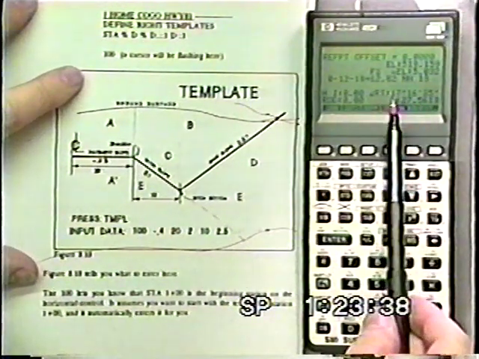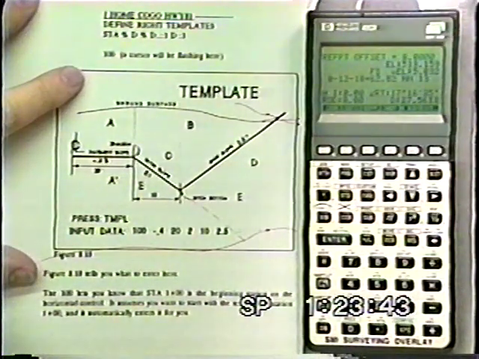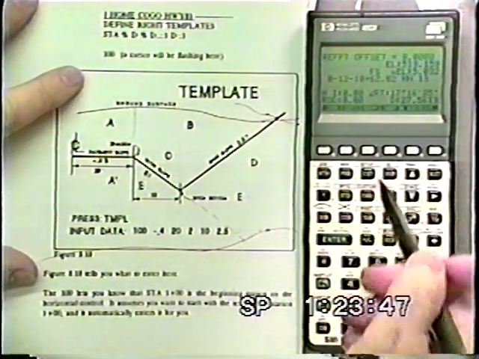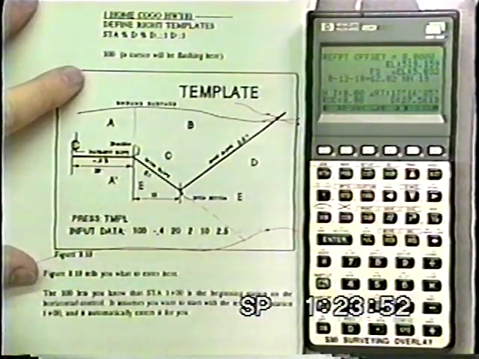And let me give you, we'll key in 17 degrees 16 minutes, roughly 17 degrees for 27.5 feet.